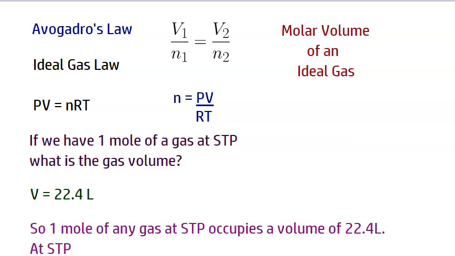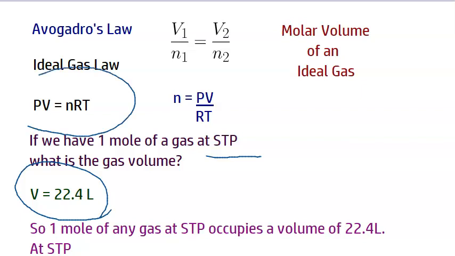Now, if I have a mole of a gas at standard temperature and pressure, what's the gas volume? That's where this magic number of 22.4 liters comes into play. At standard temperature, 273 Kelvin, standard pressure 1 atm, you plug that into this equation, and with 1 mole, of course, and your gas constant, that volume is 22.4 liters.